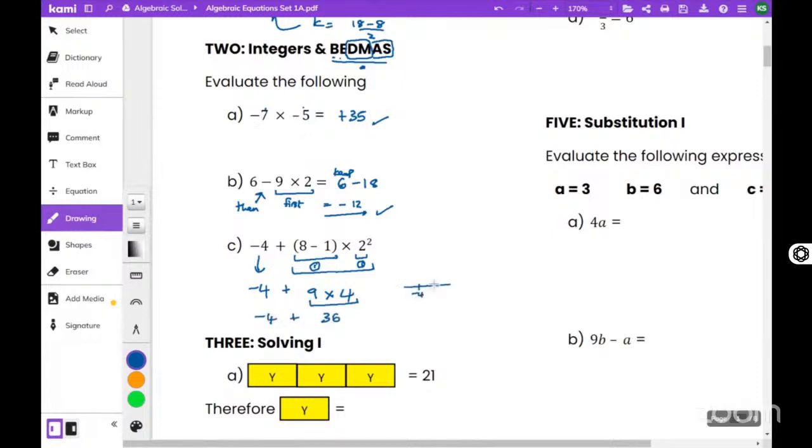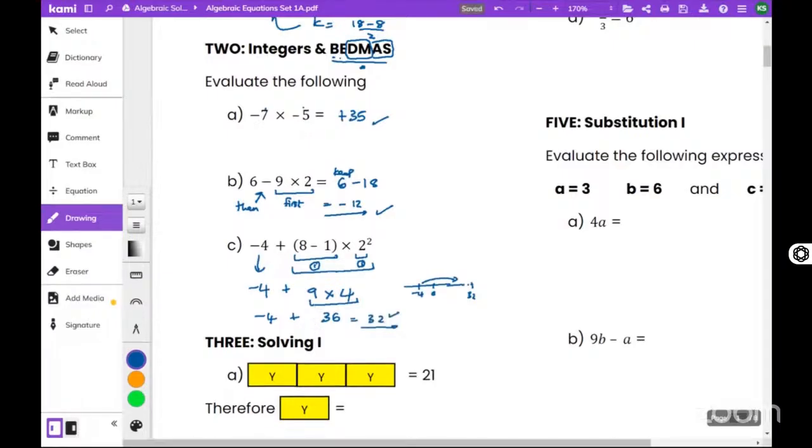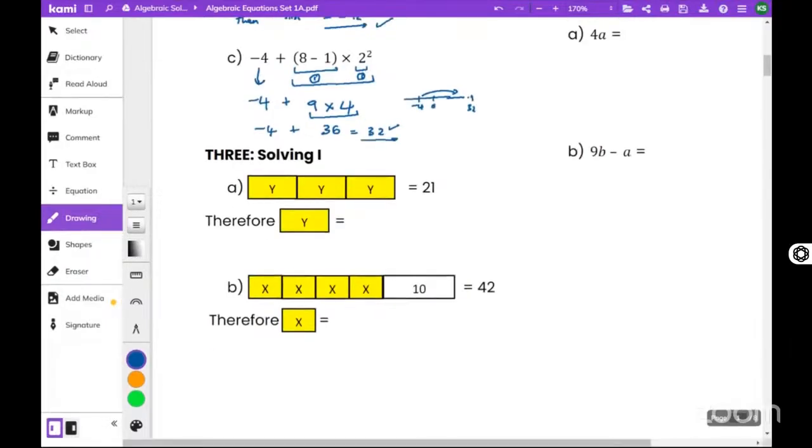If negative 4 is here, and 0 is here, if you add 36, the number is going to end up at 32. And so this will equal 32. Some people don't know the times tables in our class, so the x times x does not go well.